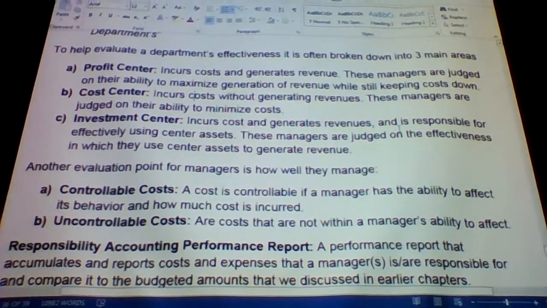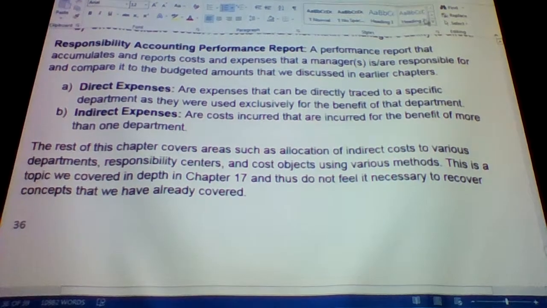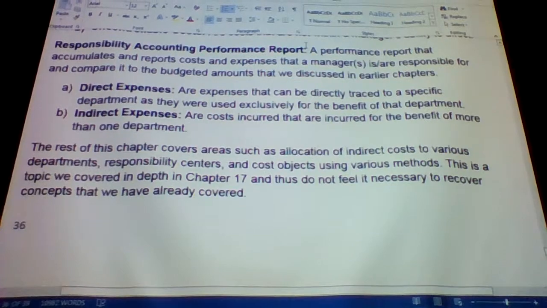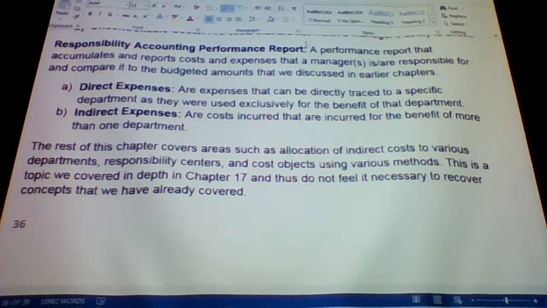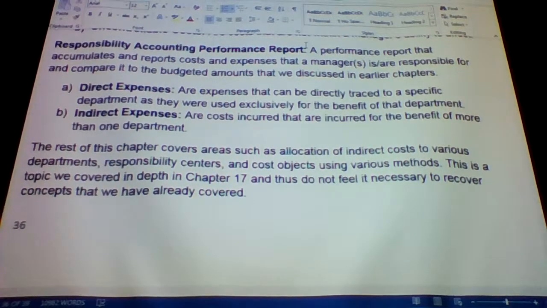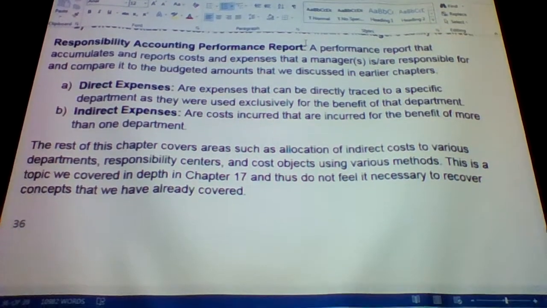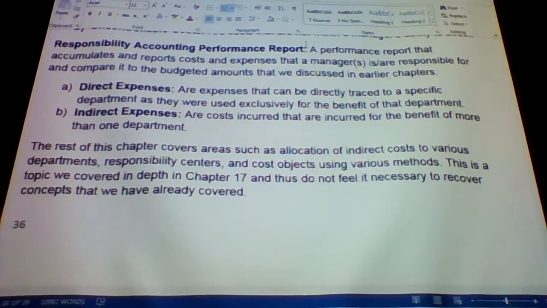Okay, so we're going to go up here to the Responsibility Accounting Performance Report. It is a performance report that accumulates and reports costs and expenses that a manager is responsible for, and compares them to the budgeted amounts that we discussed in earlier chapters. We spent chapters 20 and 21 talking about budgets, and this is where these reports come in.